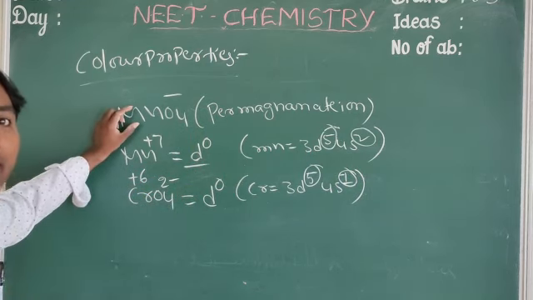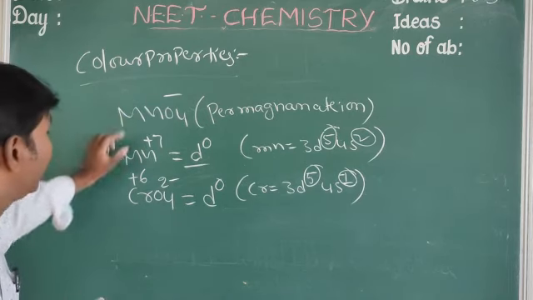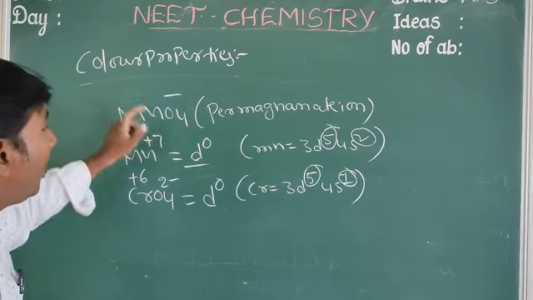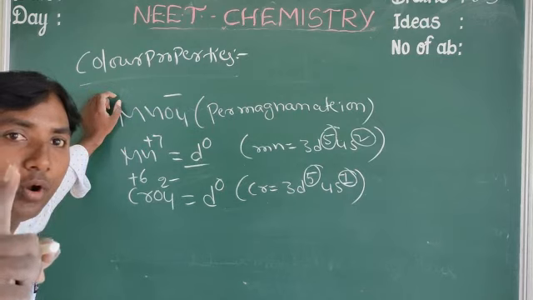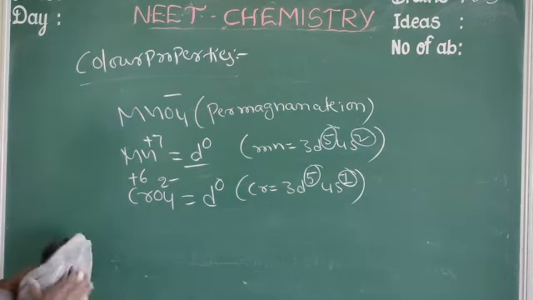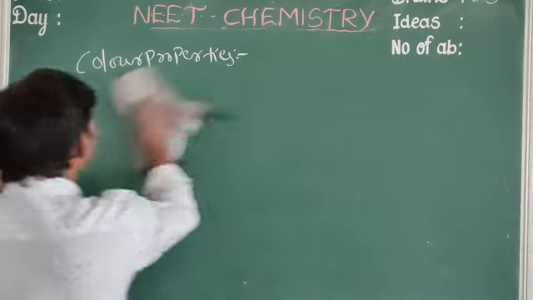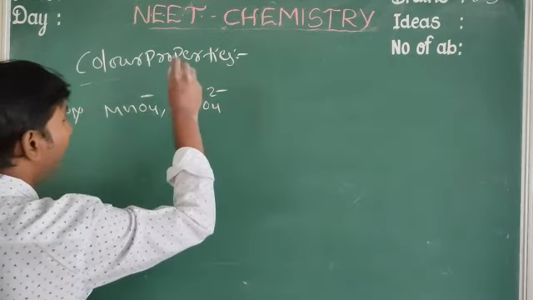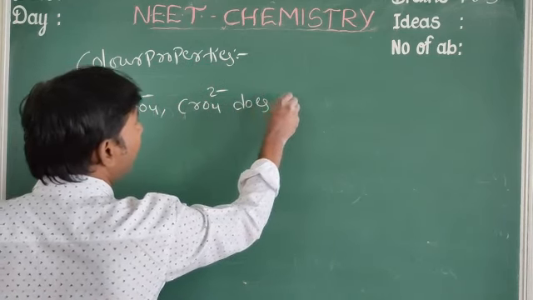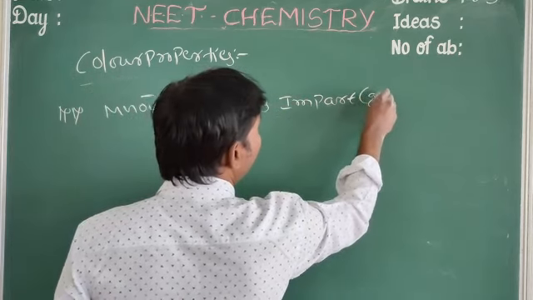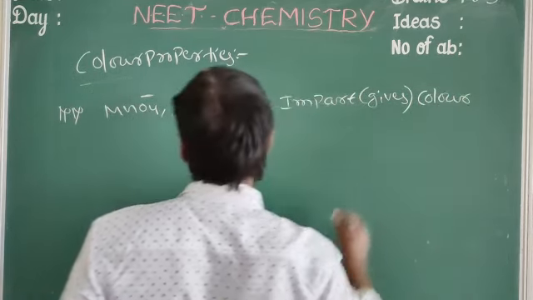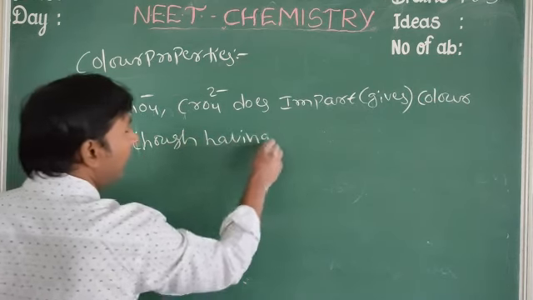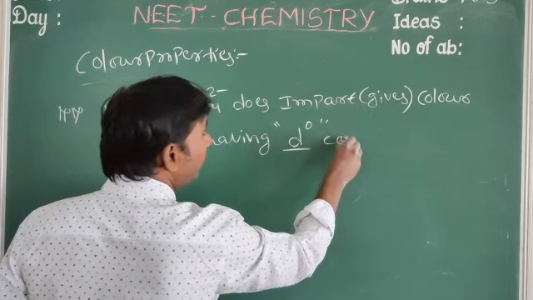Although these two compounds, MnO4 minus and CrO4 2 minus, have d0 configuration, they still impart color.